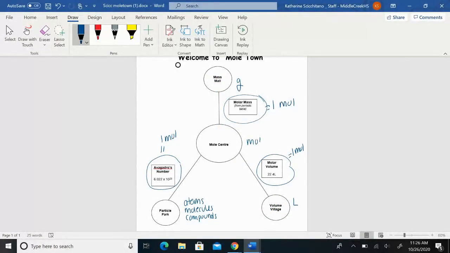Okay, so we were starting in liters, so that's right here, and it asked for moles. So now we're going inwards, but it's still only one step, right? We're only going to one new circle.